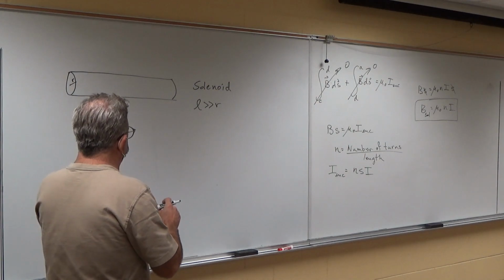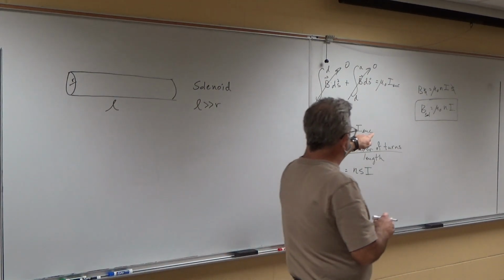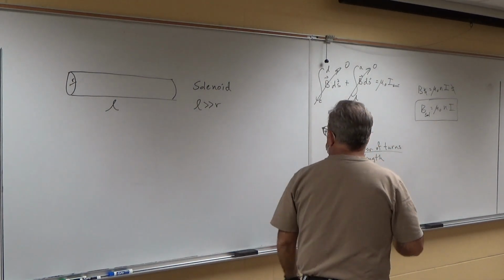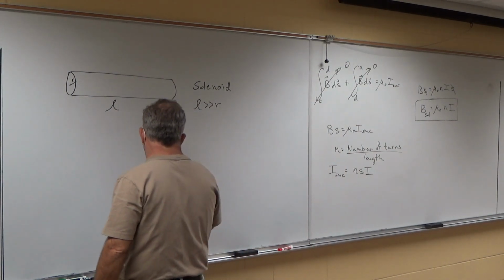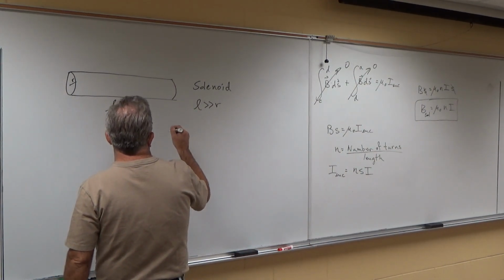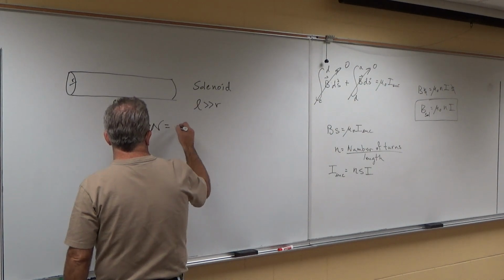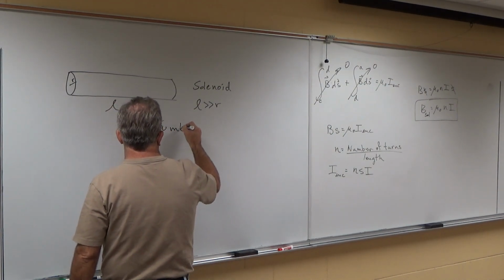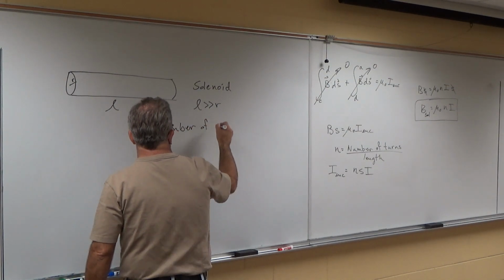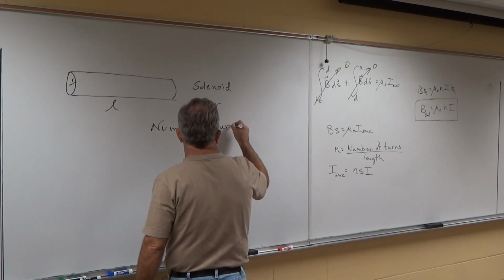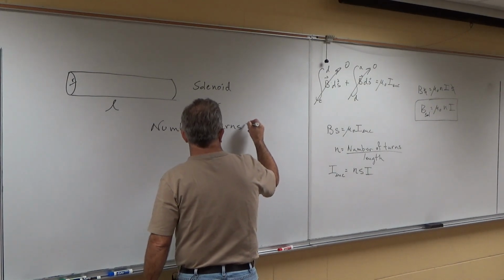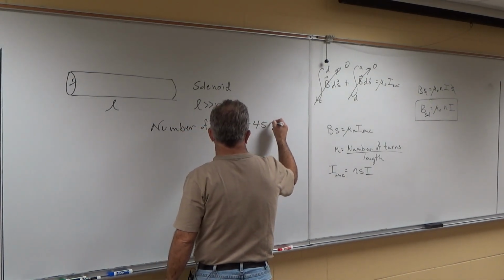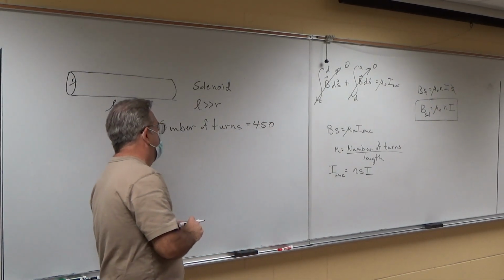All right, let's calculate the magnetic field for some solenoid like the one I've got over there in the lab. I'm going to let capital N, number of turns, I think the one I have over there has about 450 turns.